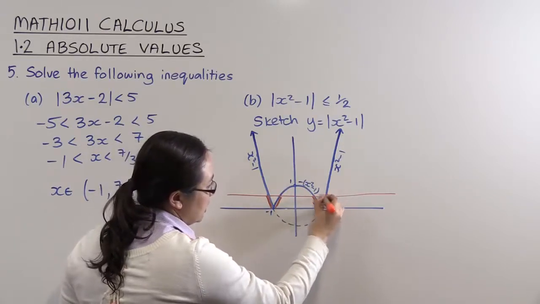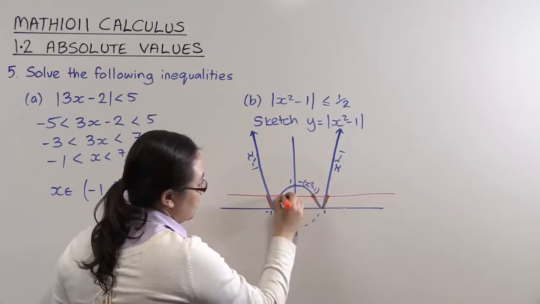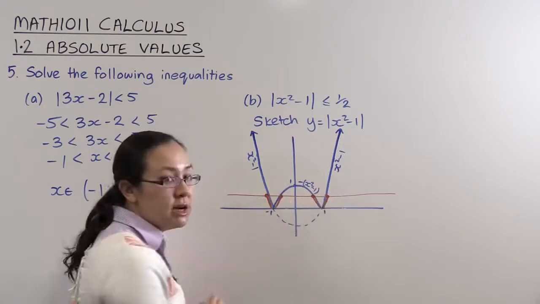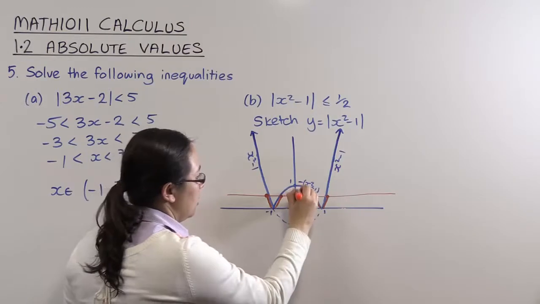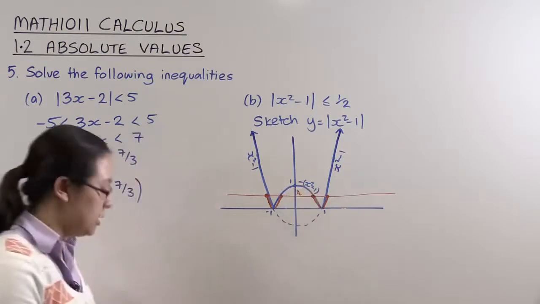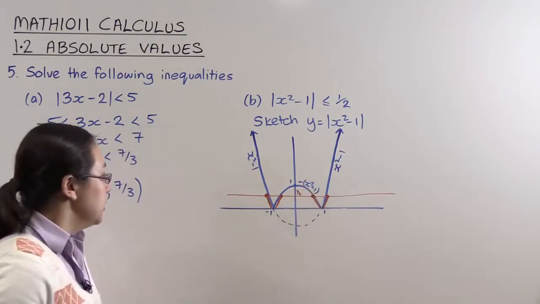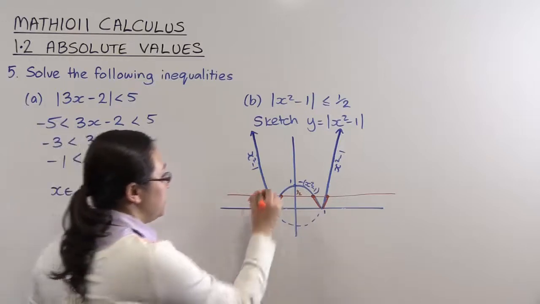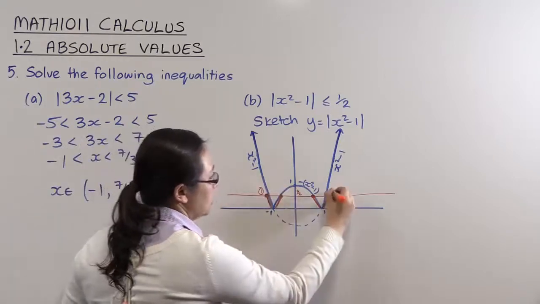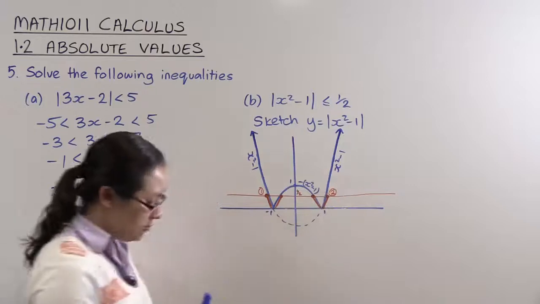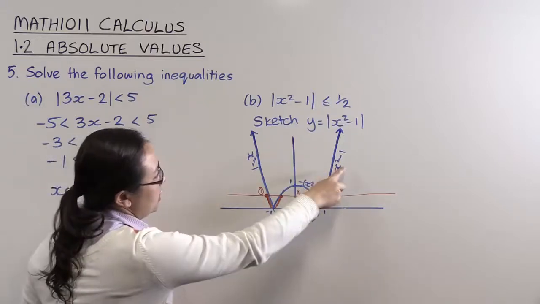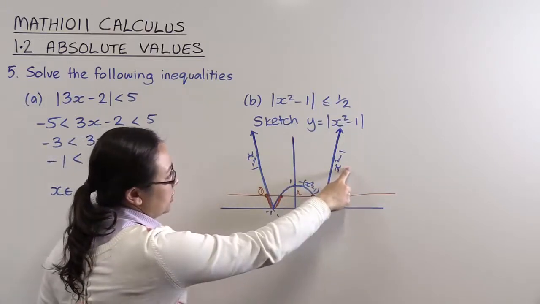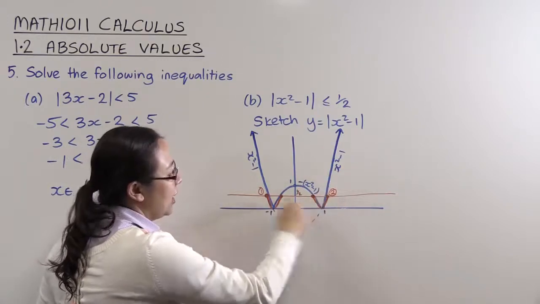So we really need what these points of intersection are to write down the answer to our inequality. So let's find those points of intersection. These ones on the outside, let's call them 1 and 2. We're going to find those by solving x squared minus 1 equals a half.